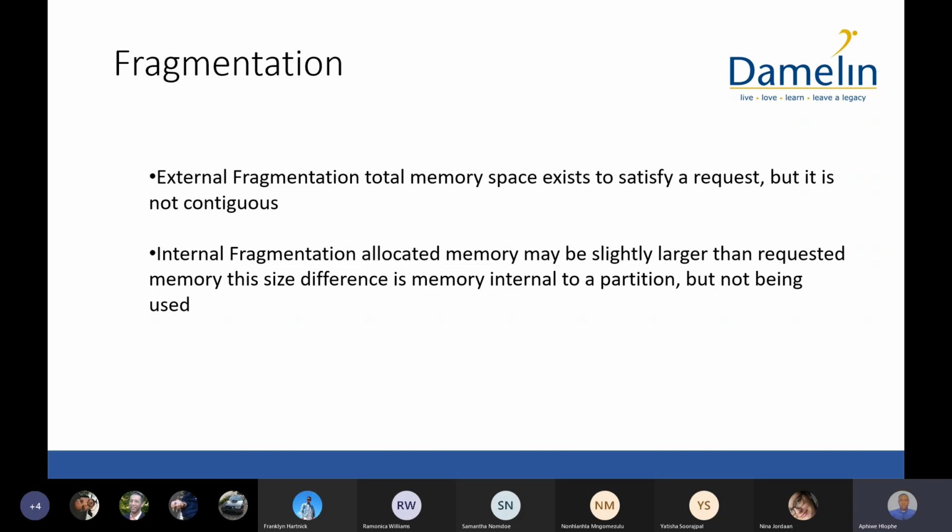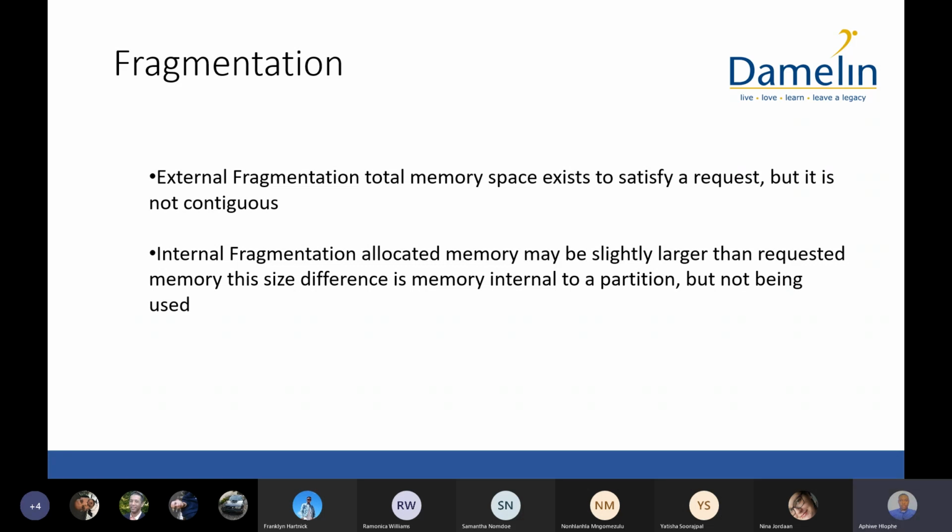And then there are also these two terms: external fragmentation and internal fragmentation. External fragmentation is when total memory space exists to satisfy a request, but it is not contiguous.